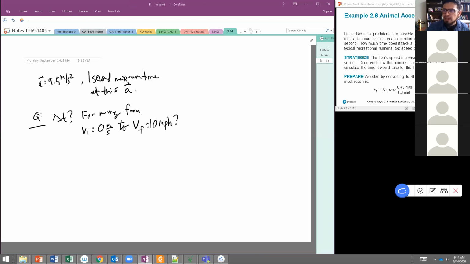I've already told you we have this equation, that acceleration is delta v over delta time. In this case, because we want to find the time, we have to rearrange this so that we get an expression that says that time is equal to your change in velocity over your acceleration.